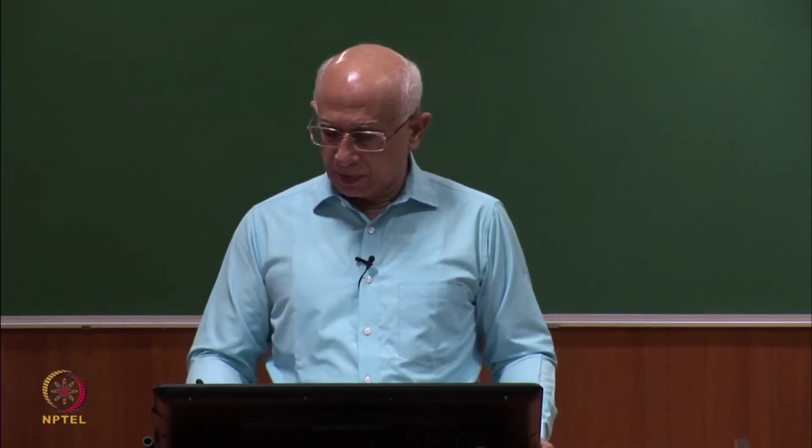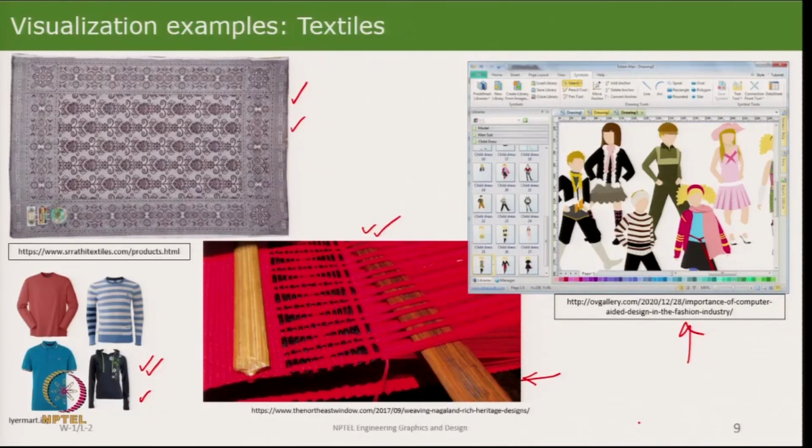And this next picture here is what I have been referring to in the earlier three pictures, that these days there are several software packages using which one can sketch out designs, then do the detailing of the fabrics, the stitching, the cutting, and then go into production.